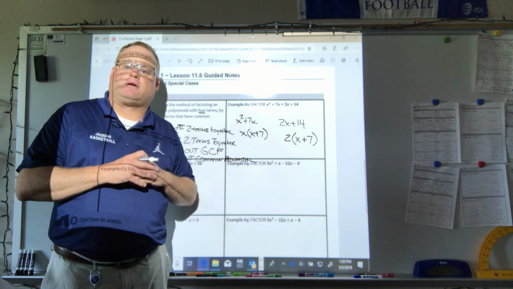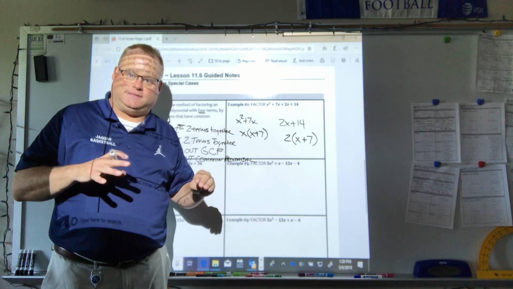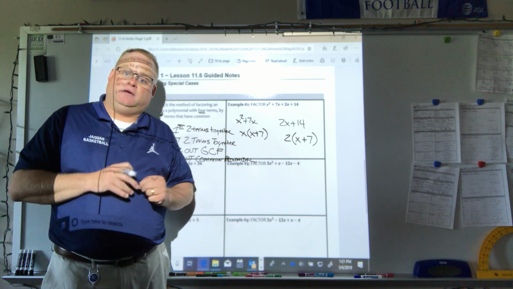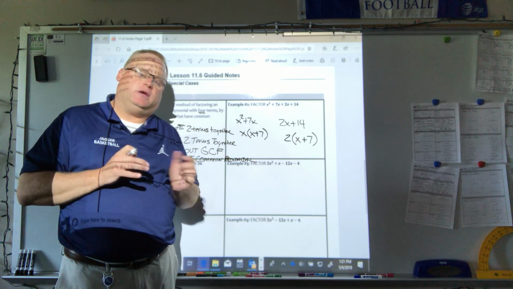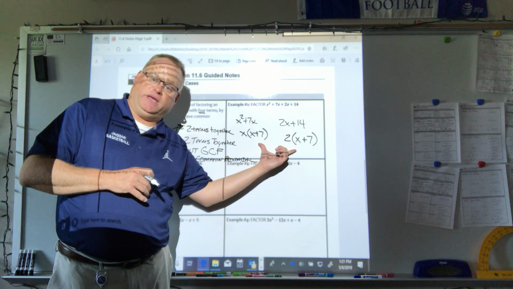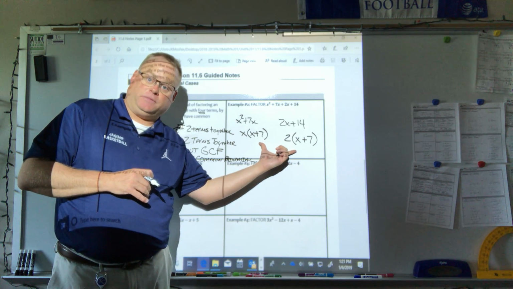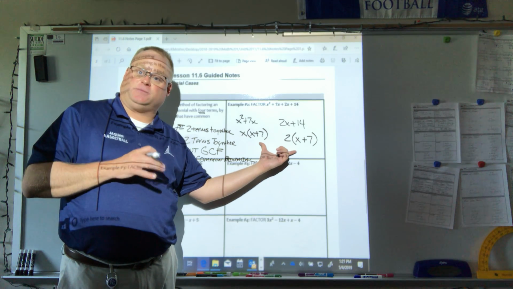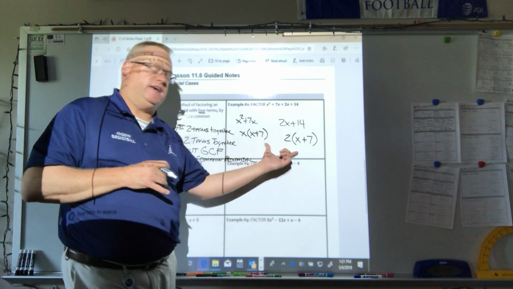If you do it correctly, they will always be the same. Okay, that's the goal, is to get these to be the same. If you can factor by grouping, they will always be the same.